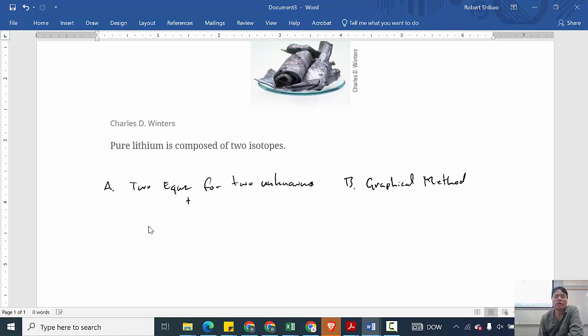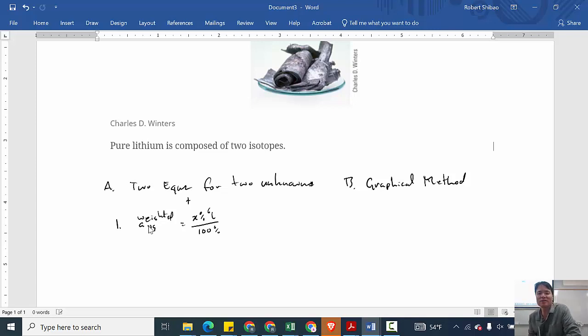So what would the two equations be? Equation one would just be our weighted average. I'd like to convert it into fractions. So I'll just say X percent lithium-6, and then we convert it into a fraction by dividing it by 100%.